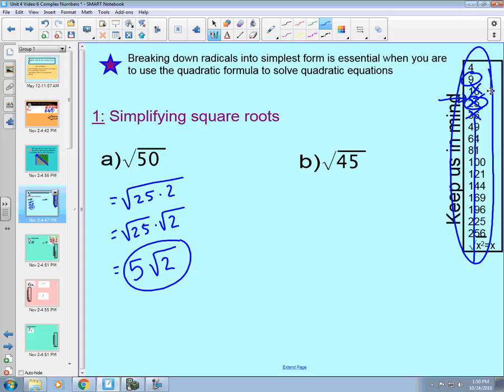So we want to see what 9 times what goes into 45. 9 times 5 goes into 45. So we can split those into those two square roots. Square root of 5 doesn't simplify, but square root of 9 does. Square root of 9 is the same as 3. So we can write this as 3 square roots of 5. That's a simplified radical.